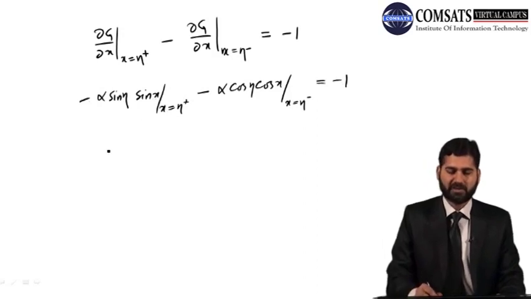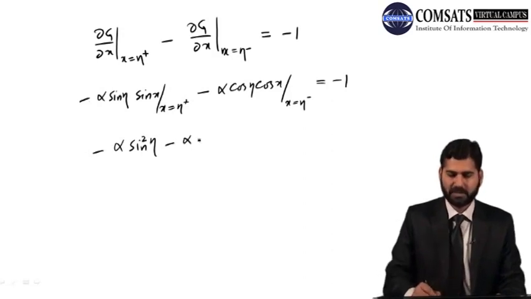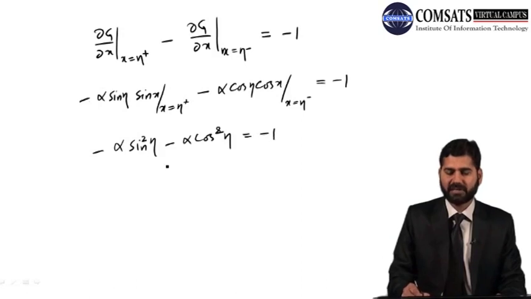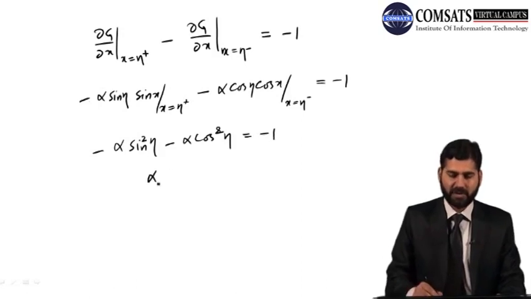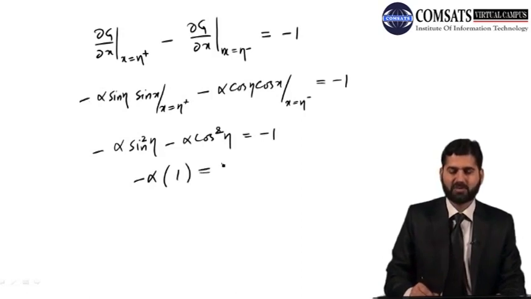That should be equal to -1. If you replace x by eta, you will get minus alpha sine square eta minus alpha cos square eta equal to -1. Taking minus alpha as common, sine square plus cos square is 1, so minus alpha equals -1. This implies that alpha is equal to 1.